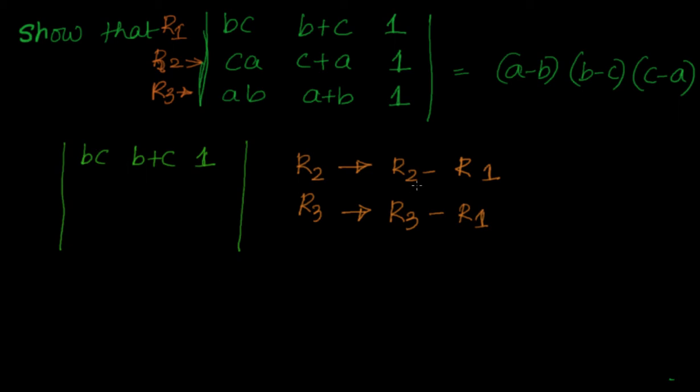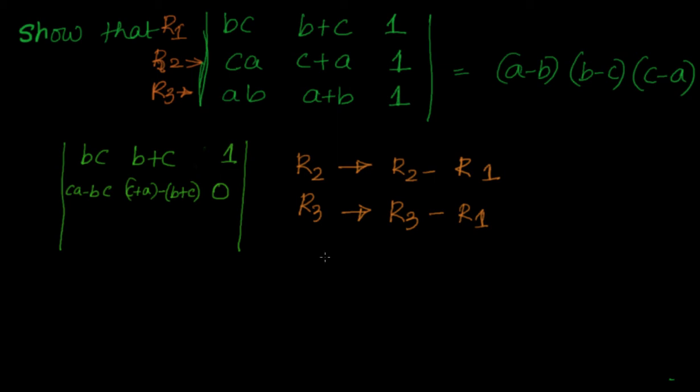Now when I do R2 minus R1, it will be CA minus BC. Similarly, C plus A minus (B plus C), and you can see here 1 minus 1 is 0. This is what we are looking for.